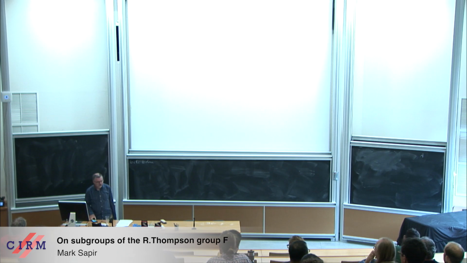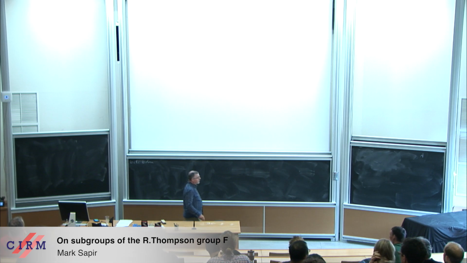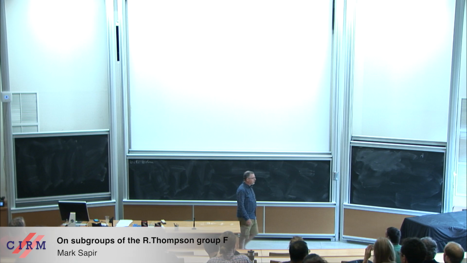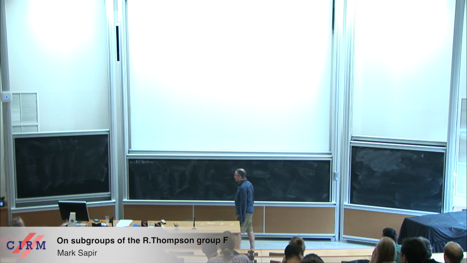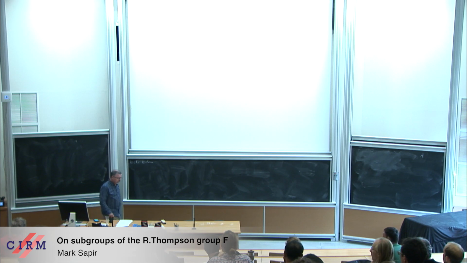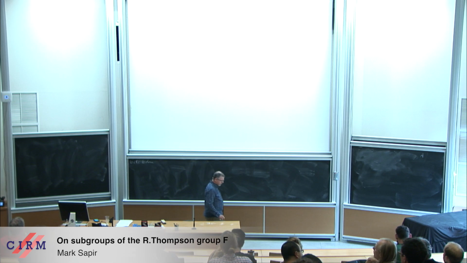The talk was about something quantum, which I still don't know what it is. But in particular, he introduced a subgroup of Thompson group F. And since I'm interested in subgroups of Thompson group, we had a paper with Victor Guba about it long ago, so it was interesting for me. He asked some questions about this subgroup.